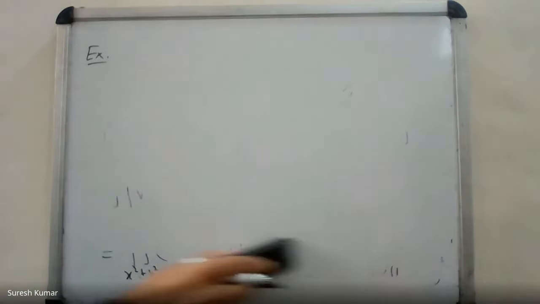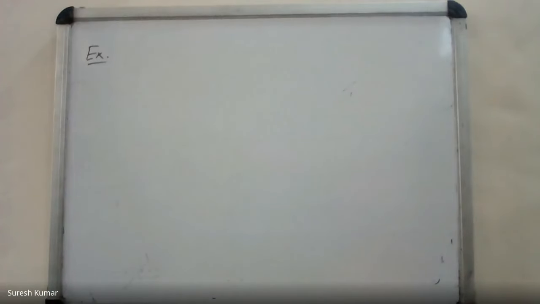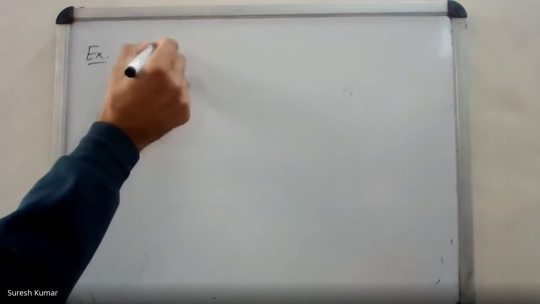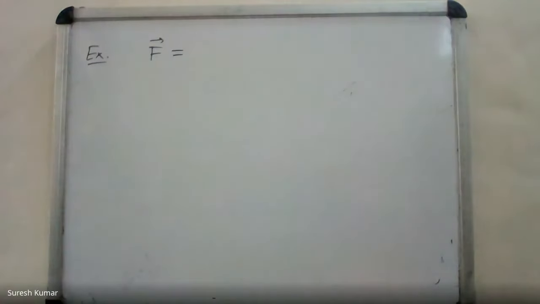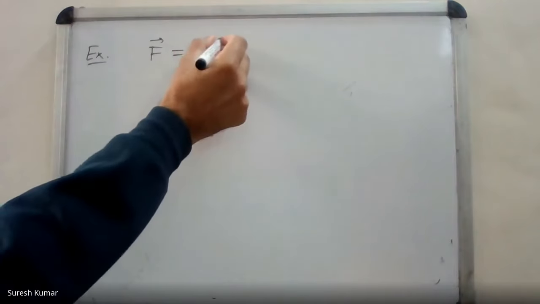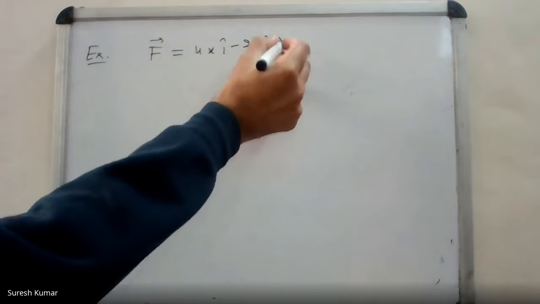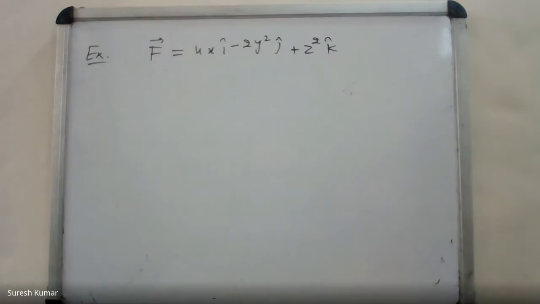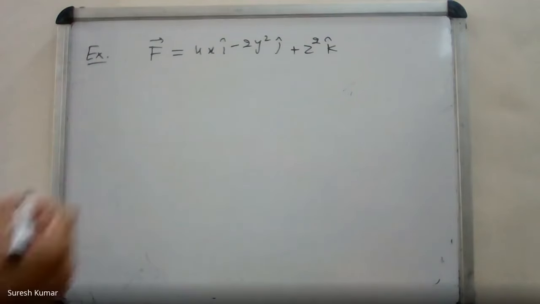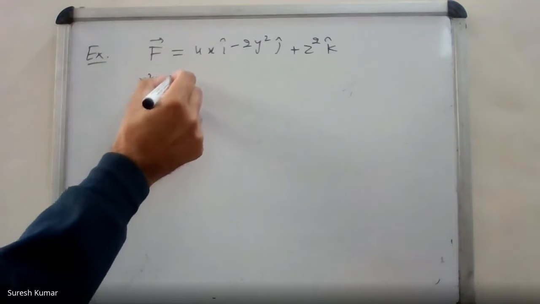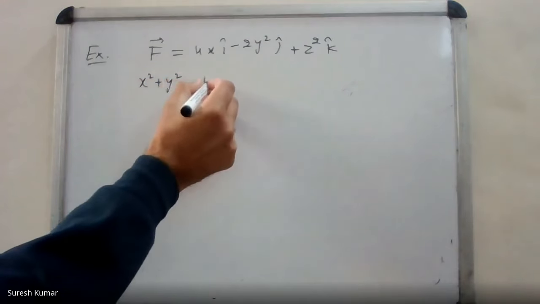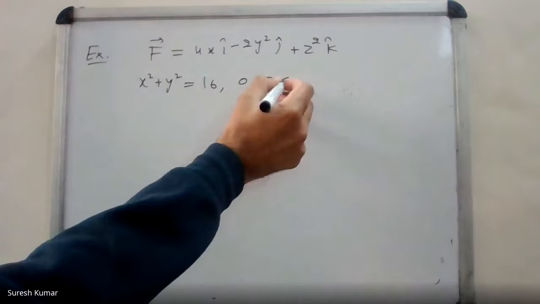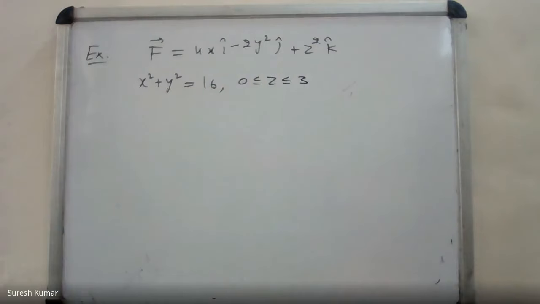Now let us see the surface integral of a vector field. Find the outward flux of the vector field 4x i cap minus 2y squared j cap plus z square k cap across the curved surface of the cylinder x square plus y square equal to 16, z in the range 0 to 3.